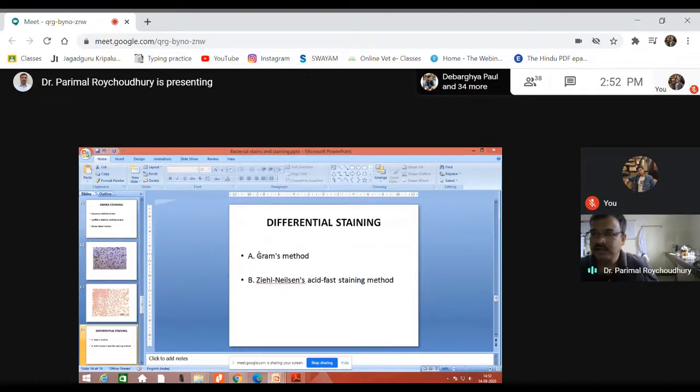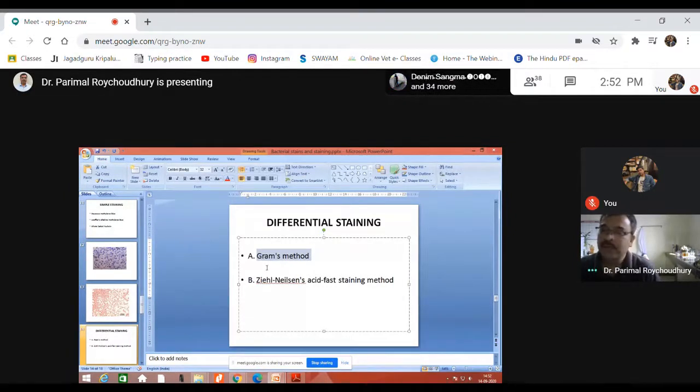Okay, the Gram staining method is for all types of bacteria. This staining technique, which Christian Gram designed in 1884, just remember, 1884, can differentiate bacteria into two broad categories, gram-positive and gram-negative.